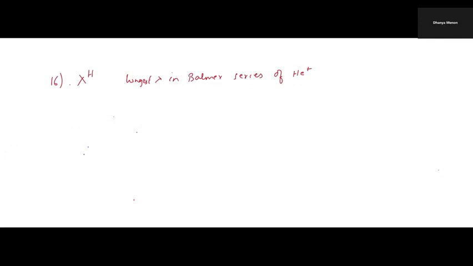So we use this formula: 1 by lambda equal to RH Z square, 1 by N1 square minus 1 by N2 square.